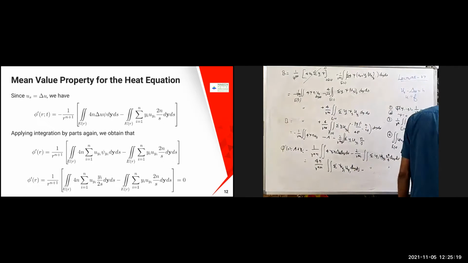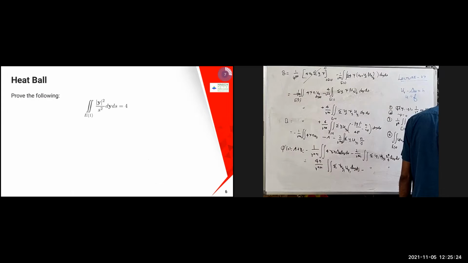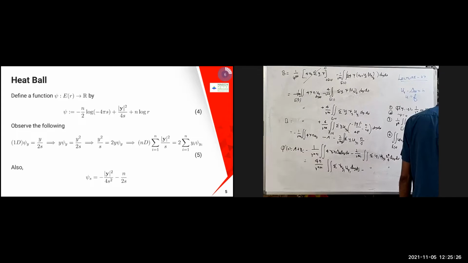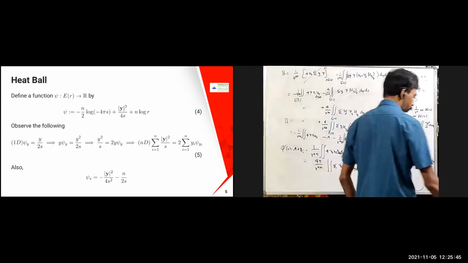So ψ y_i is going to become, you can see that, ψ_y is going to be y squared by 2s. So ψ_y is going to be y by 2s. Same thing here: if I just divide by y_i, you are going to get simply y by, only y_i is going to come.